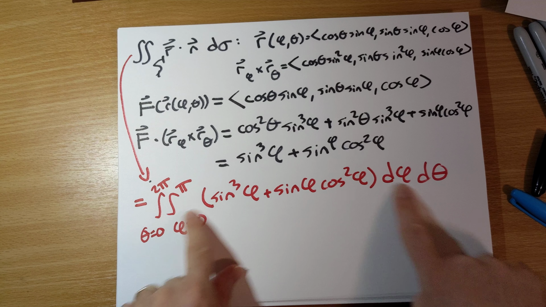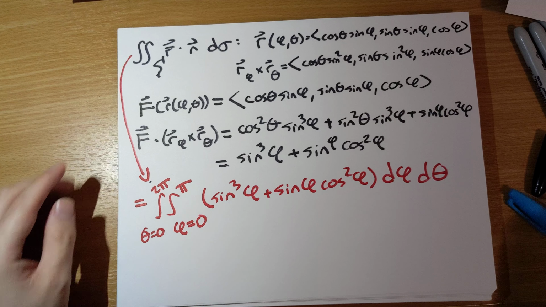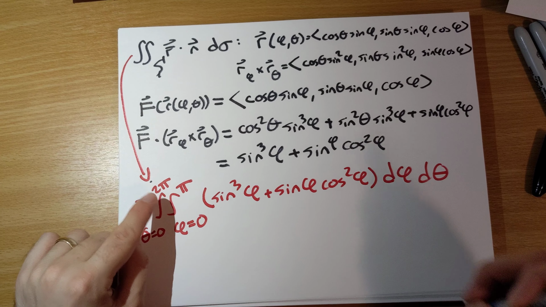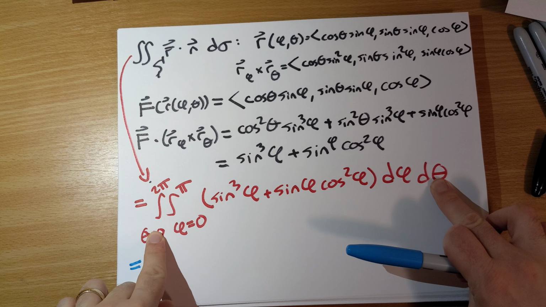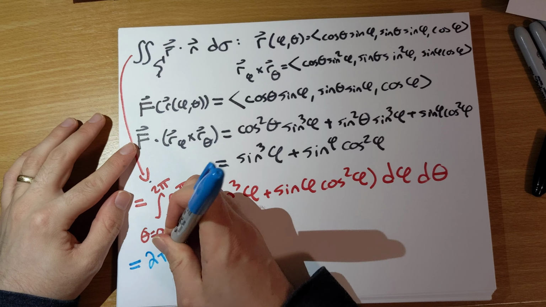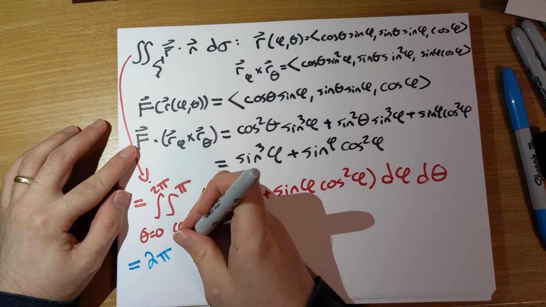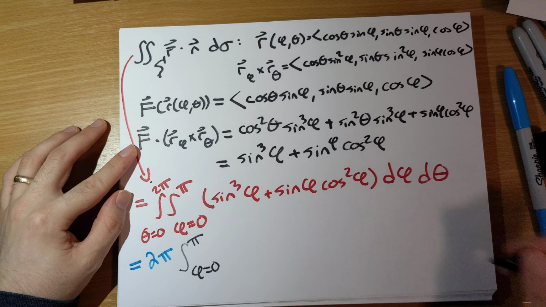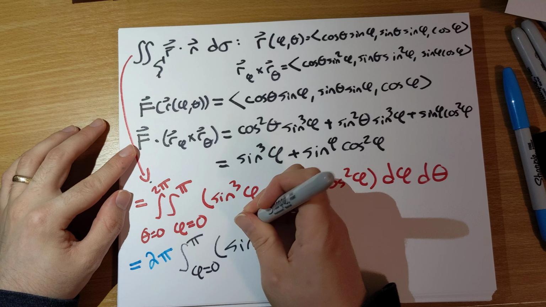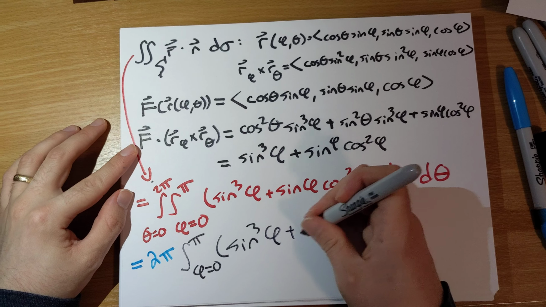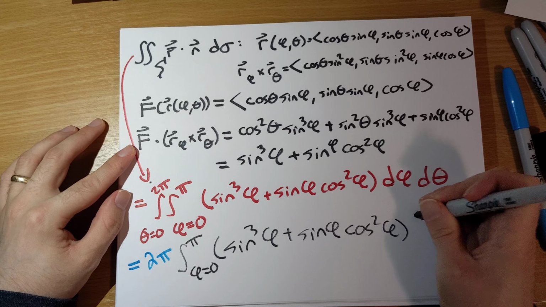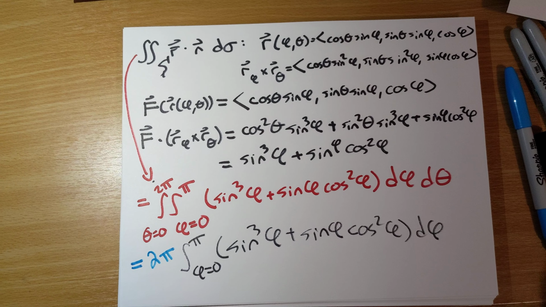There's no theta dependence in this integral, so it just becomes 2 pi times the remaining stuff. Phi runs from 0 to pi of sine cubed phi plus sine phi cosine squared phi d phi.